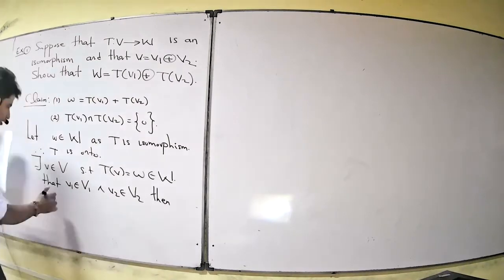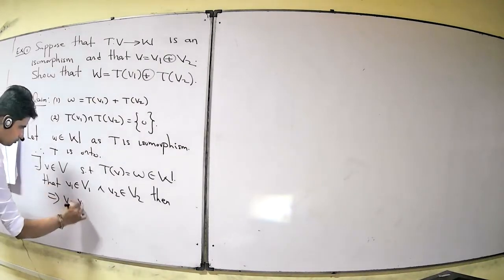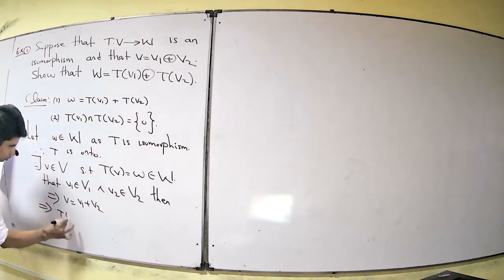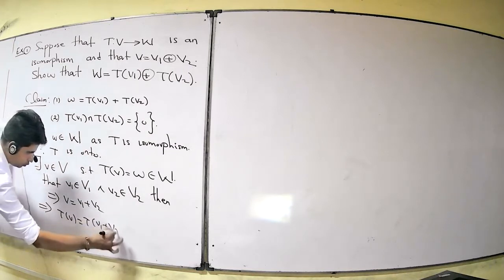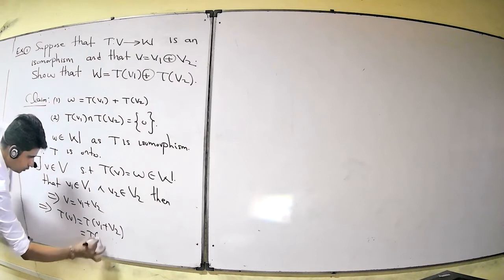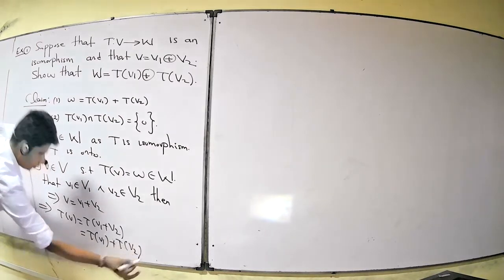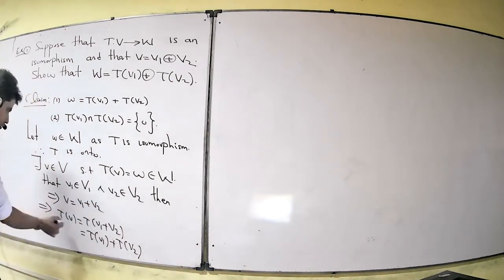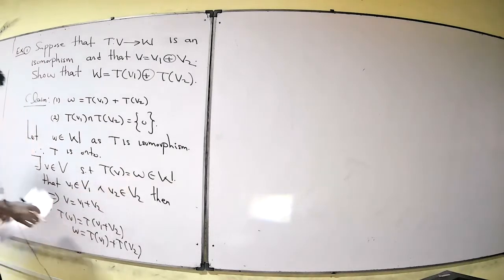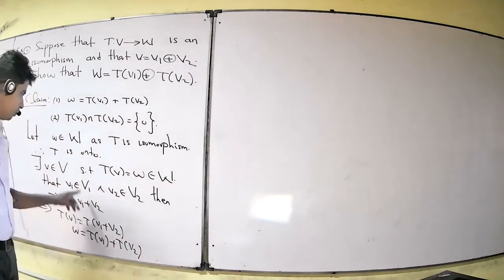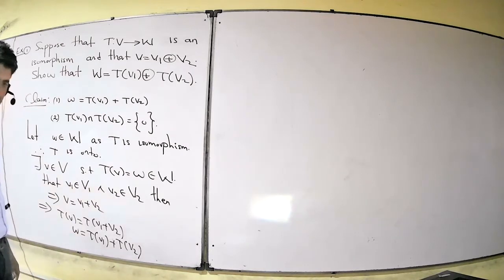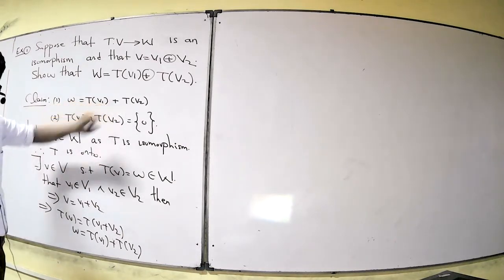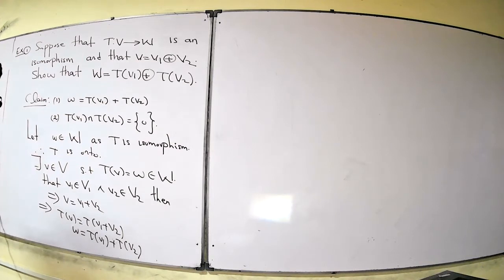Therefore, you can write this v equals small v1 plus small v2. Now T is linear, then you take T of v equals T of v1 plus v2. T is linear, then you can write T of v1 plus T of v2. But T of v equals w, therefore w equals T of v1 plus T of v2. Here v1 belongs to capital V1, v2 belongs to capital V2. Therefore we have now proved our first claim, right? w equals T of v1 plus T of v2.